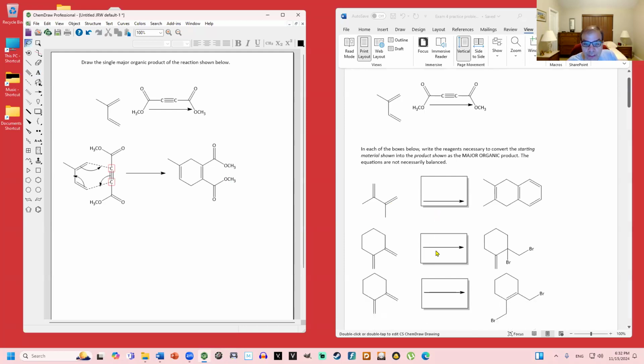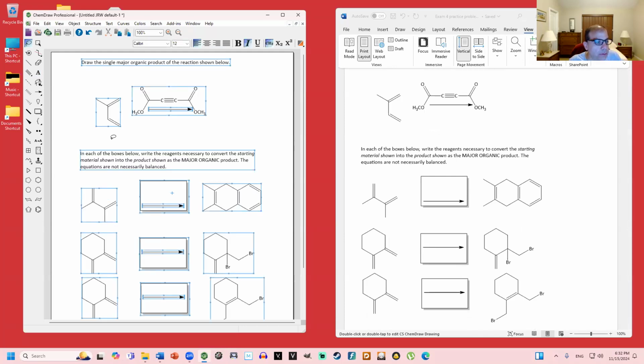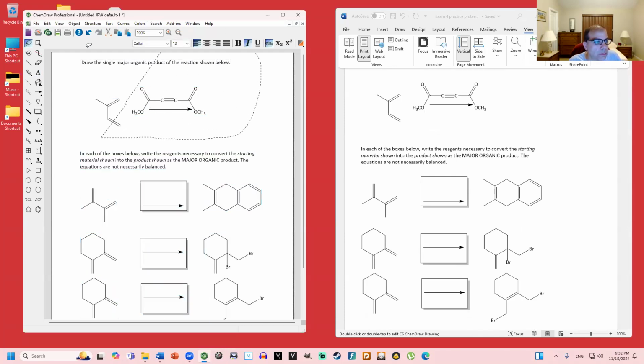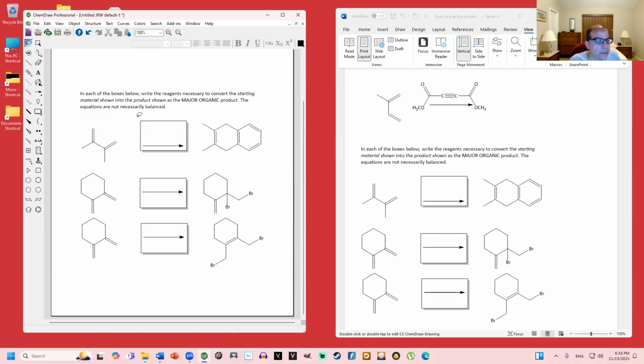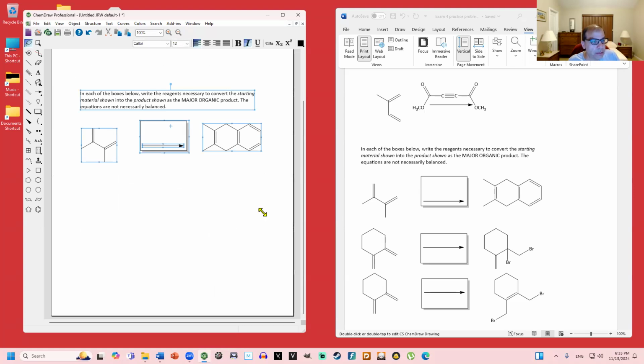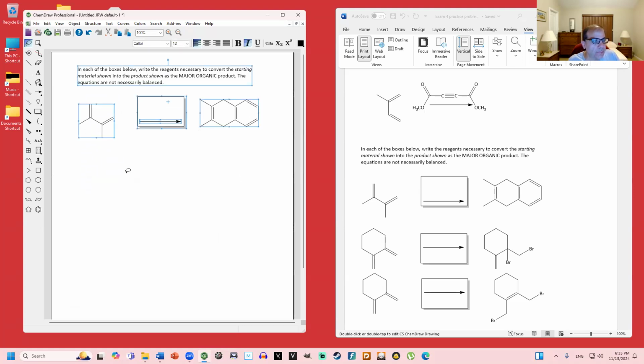The next question is also about a Diels-Alder reaction. And the big hint we have about this is that we've got this conjugated diene that somehow turned into a cyclohexene derivative.